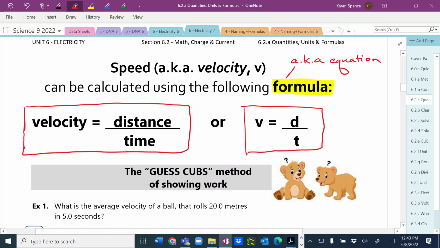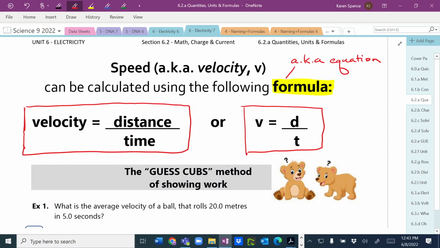All right? And you are not going to be expected to memorize formulas. You are going to get a purple sheet that has the formulas on it. If you want a preview of what that purple sheet looks like, you can turn to the very first page after the cover page of your booklet.